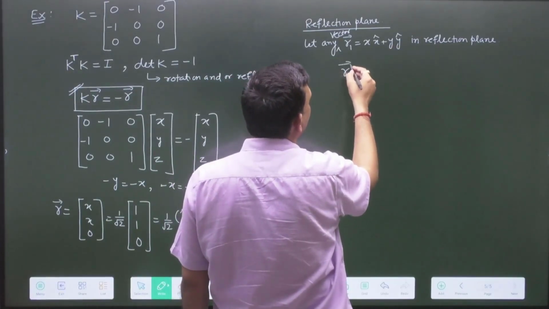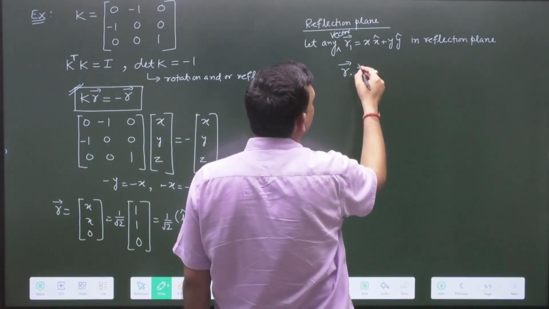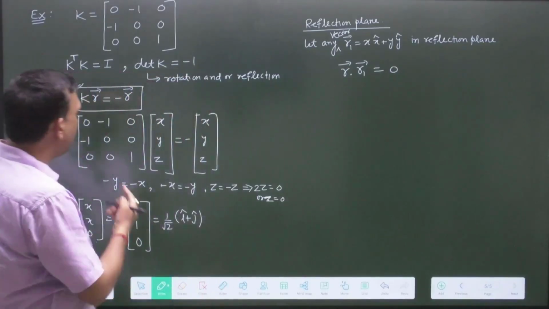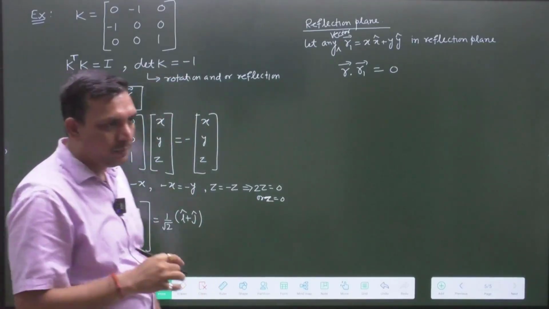I have assumed r1 is any vector in the reflection plane, and this r is perpendicular to the reflection plane. So r dot r1 must be 0, because r1 is in the reflection plane and r is perpendicular to it.